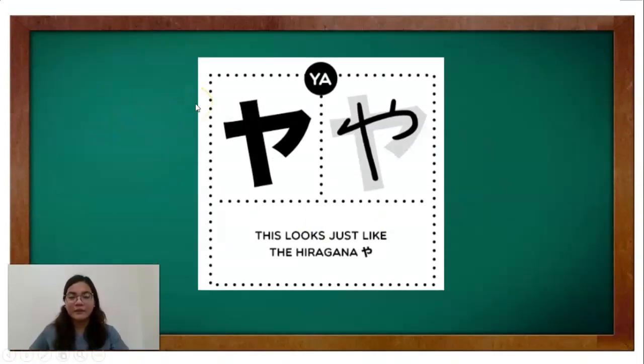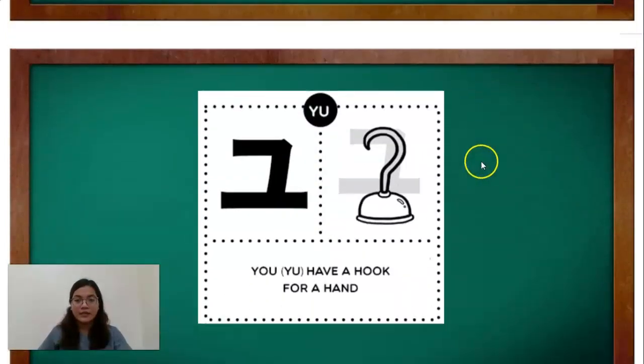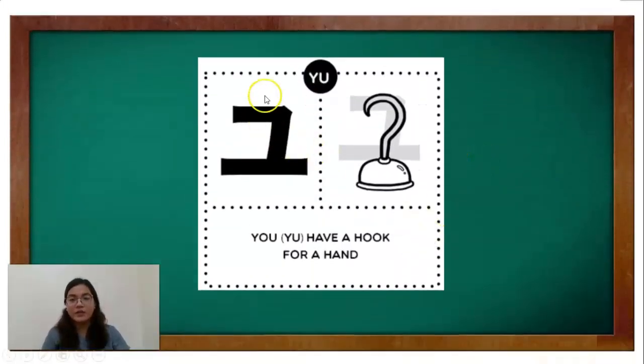Next is the ya row. This looks like the hiragana ya without the apostrophe-like stroke and with edges. So that is the only difference between ya in hiragana and ya in katakana, the edges and that apostrophe sign. Okay, next is yu.